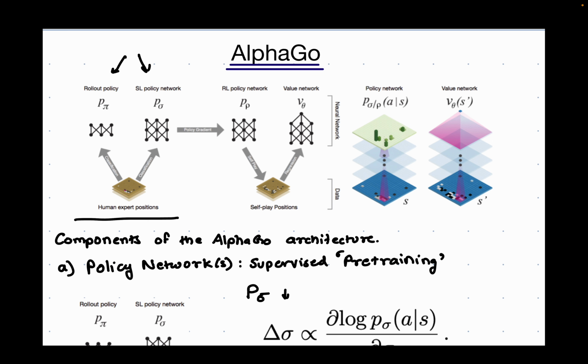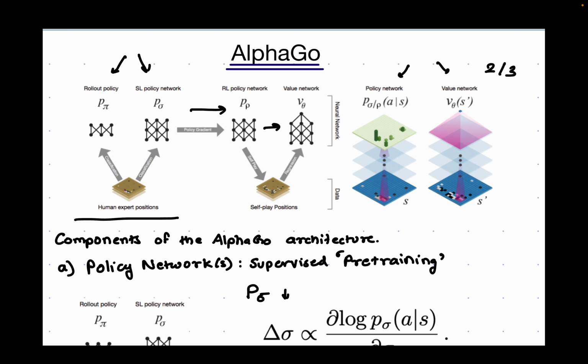Then you have the refinement of this SL policy by some reinforcement learning, which gives you the reinforcement learned policy network. You have a value network, which in turn is trained by regression using the reinforcement learned policy network. And with this you have the policy network and the value network, which are two out of our three components.